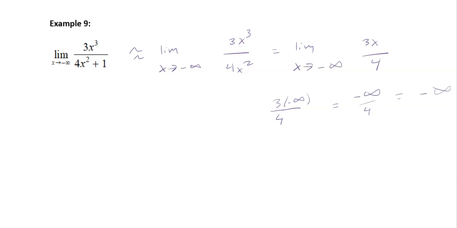So, we used to say there is no asymptote for this case, but the truth is we get negative infinity. Now, if this had been the limit as x went to positive infinity, my answer would have been positive infinity for this one. So, again, that reasoning, if I have infinity left on the top, I'm multiplying by 3 and dividing by 4. 3/4 of infinity is still infinity. 3/4 of negative infinity is still negative infinity.